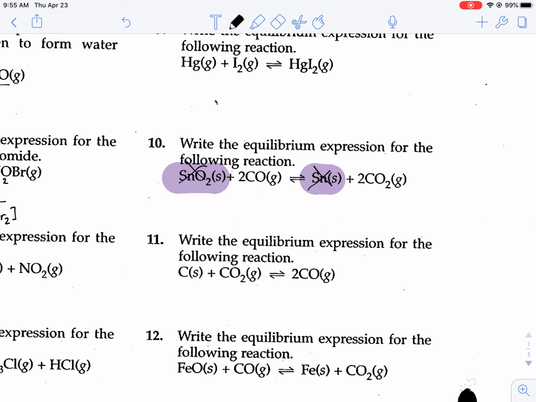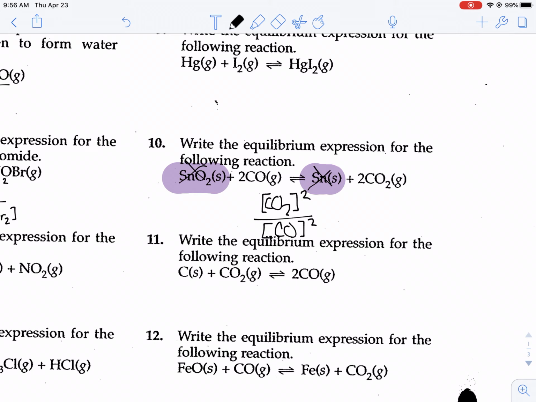Okay, in the equilibrium expression, you will not include those. So the equilibrium expression for this equation is simply the concentration of CO2 squared over the concentration of CO squared. Okay, that's all we do.